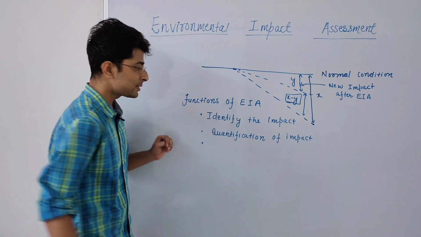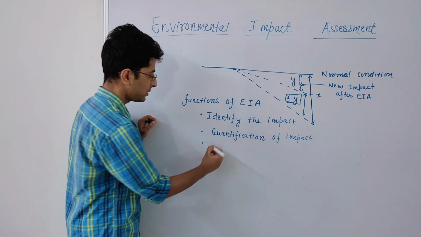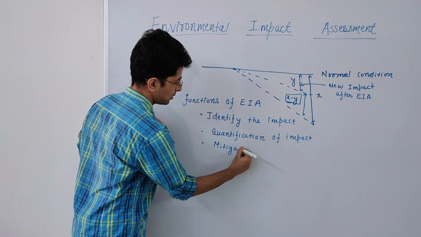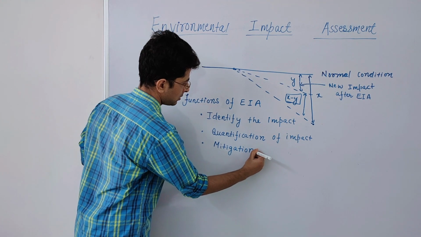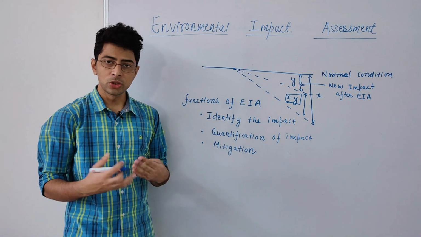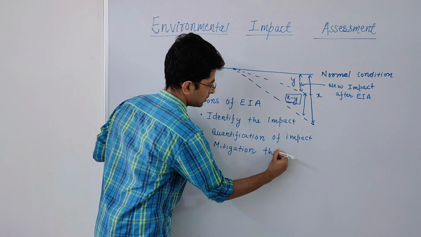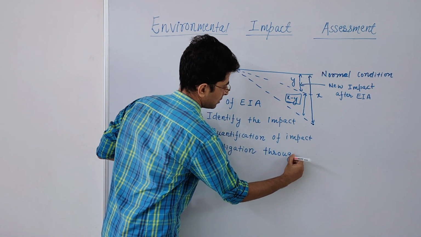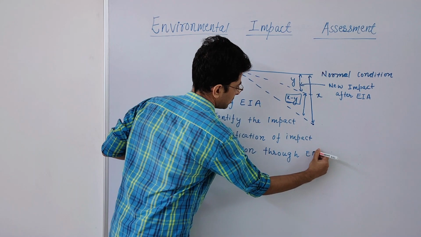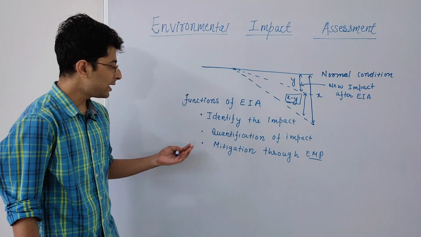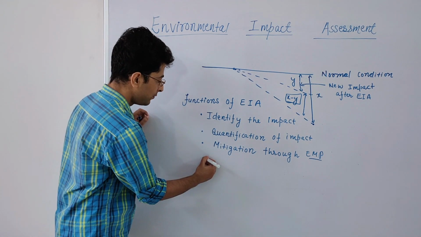The third is mitigation of impact, through environmental management plan, which is EMP, and then finally the monitoring and evaluation.